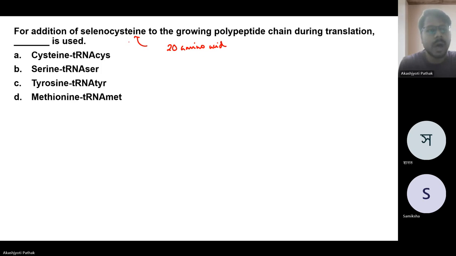So which aminoacyl tRNA synthetase is responsible for recognizing this modified amino acid? This is actually a fact-based question.